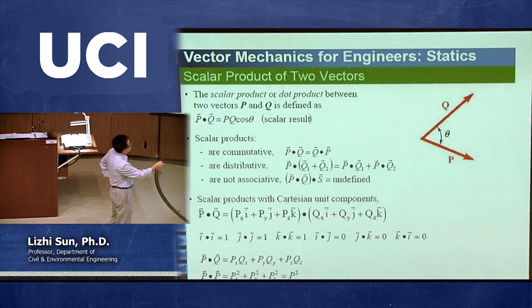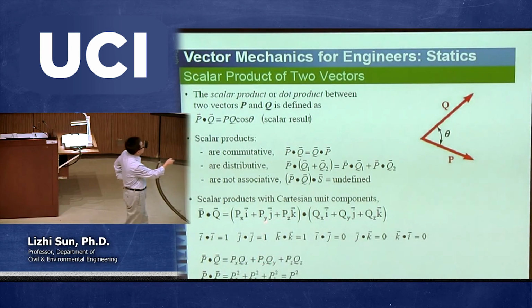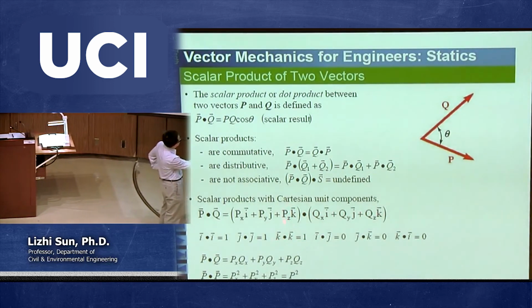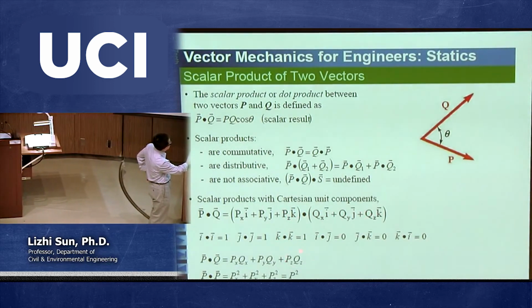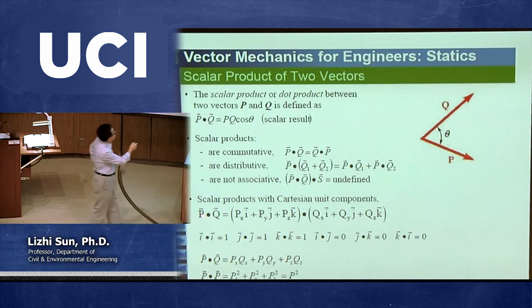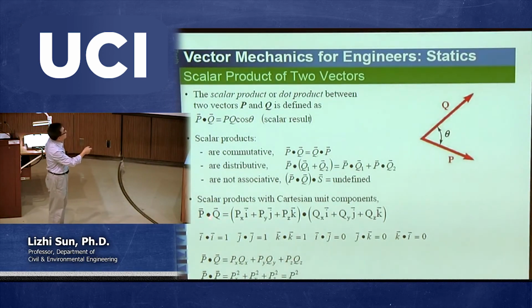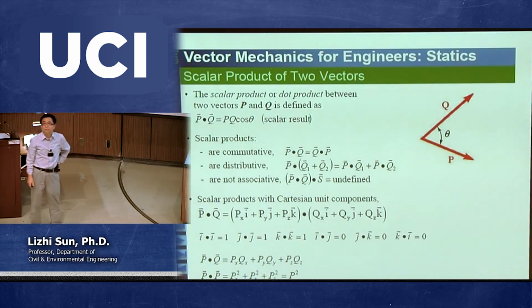J dot J equals 1, then you have PY times QY, which is the second term. And this one times this one equals 0. And then you finally move to the third term. K dot I is 0, K dot J equals 0, K dot K equals 1. Then finally you have PZ times QZ, which is here. So if you want to calculate the dot product between two vectors, this is what you'll finally end up with.